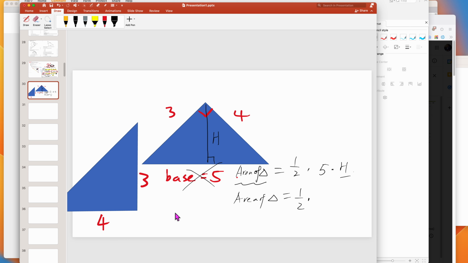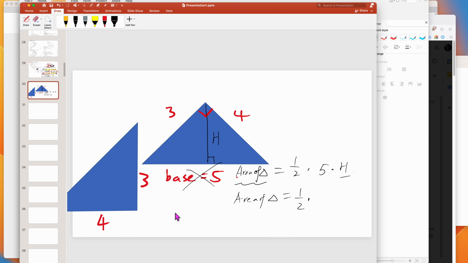Let's say this is the paper. This is the triangle. This is the base.